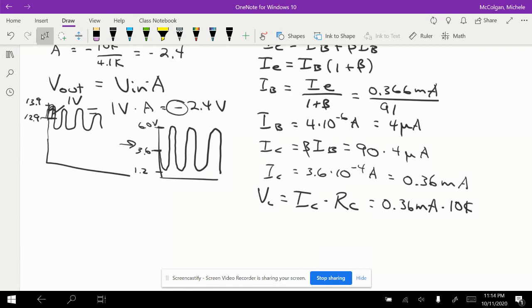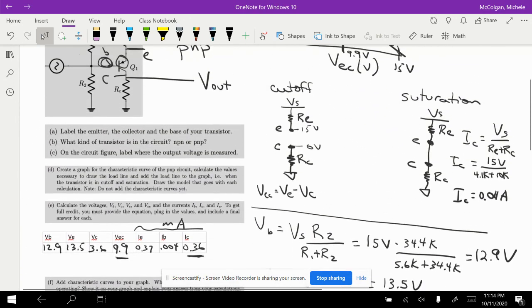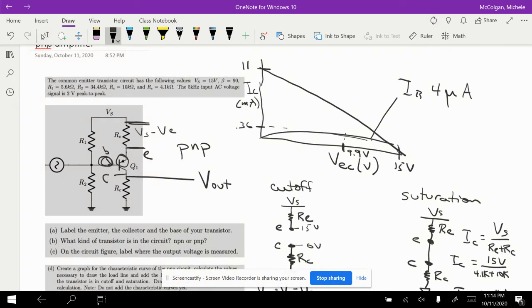If I were going to redesign the circuit, and a lot of times I might ask you to redesign the circuit, I would want you to move where you're operating closer to be in between. Right now we're operating around 9.9, and I would want you to move this VCE over to say half of 15, so around 7.5, and increase your IC so it's more around 5, and be operating right around here.